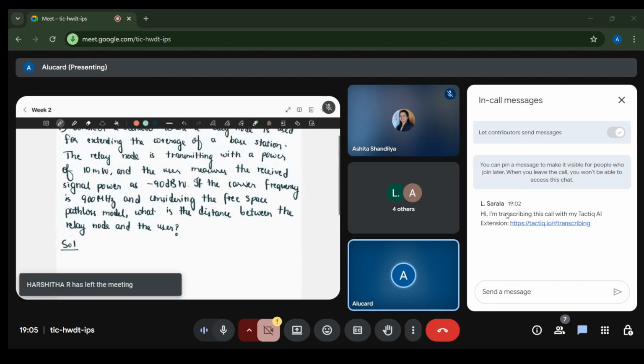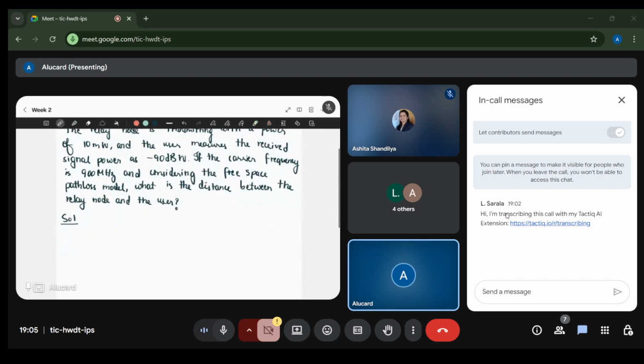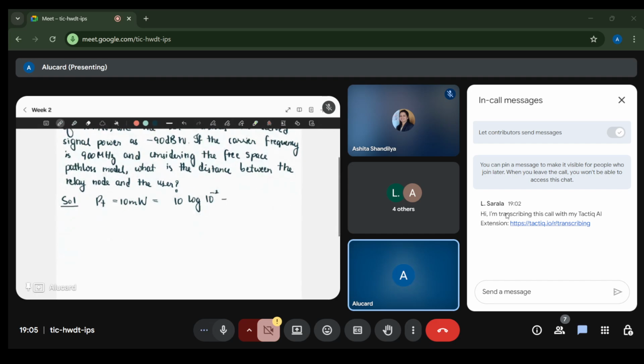Power transmitted is 10 milliwatts. If we write that in dB, 10 log of 10 milliwatts is 10 power minus 2 watts. It is minus 20 dB watts. Received is minus 90 dB watts.